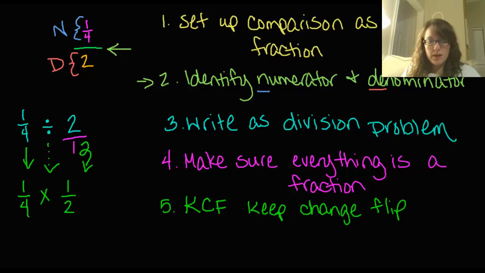And then I'm just going to multiply. 1 times 1 is 1. 4 times 2 is 8. So back up to the top, 1/4 divided by 2 is 1/8.